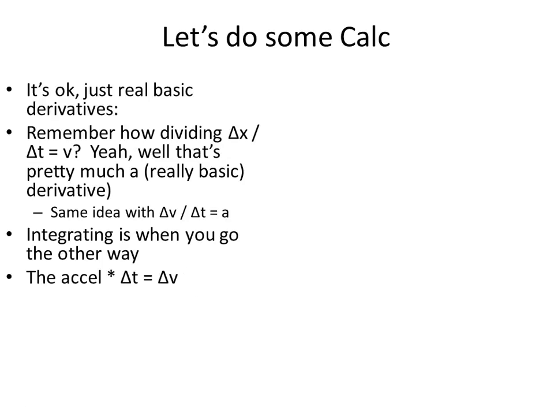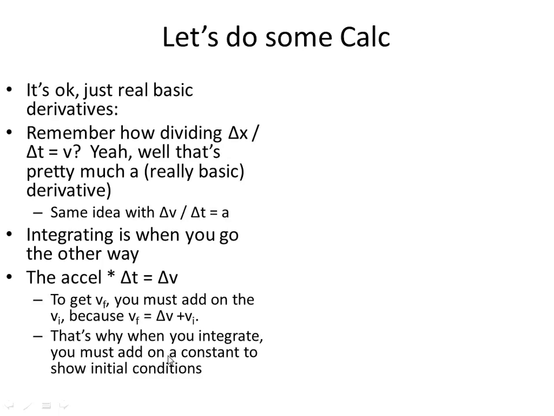Like the area under the curve. And you folks that are in calculus, you know that whenever you do an integral, you always have to add on a constant. We actually did that when we were doing the area under the curve as well.